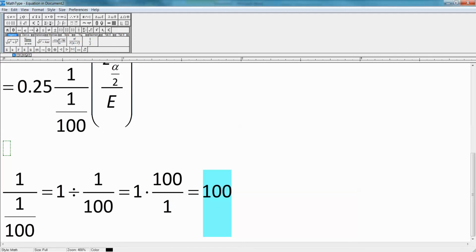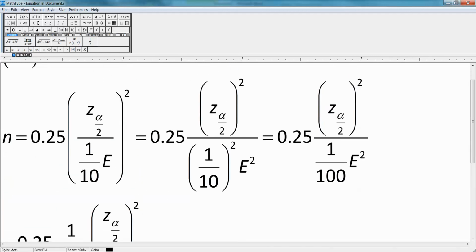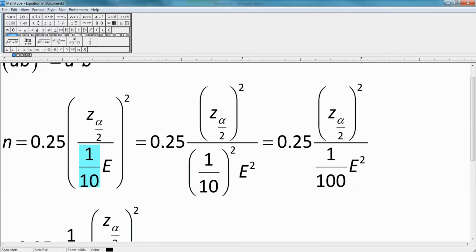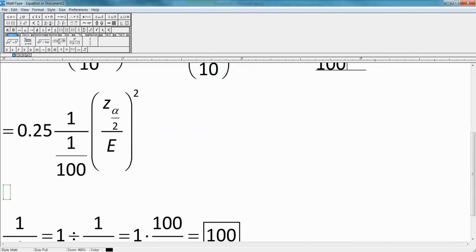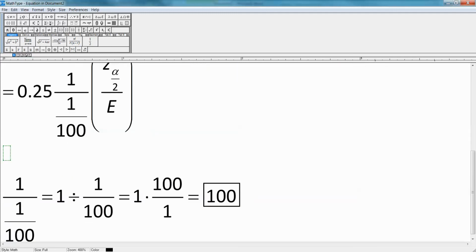So that's the algebra way to prove it without any numbers, using this formula. You write down the formula but put a 10th in there. Then you break out the 10th, you square it, and then you break it out of there. So it's 1 over 100, but since 1 over 100 is in the denominator, you'll flip it, and it'll flip up into the numerator because you multiply by the reciprocal, and that gives you 100. Okay, so that's another way to see it.